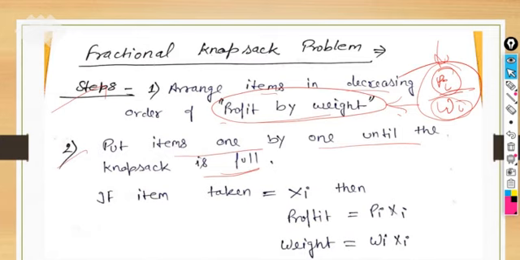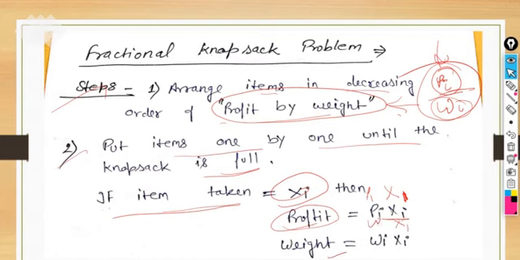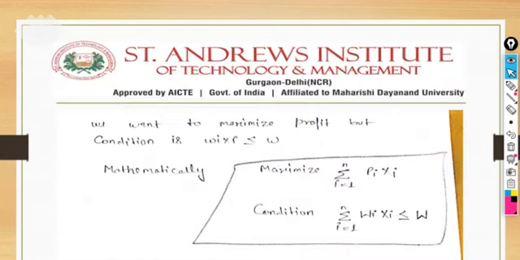What will be the constraint or condition here? If xi is the item, x1 item, x2 item, x3 item, and xi item, so on, we have to check the profit with respect to each and every item. On the first item x1, the profit is p1, and the weight is w1. That's why you use the profit, weight and items here.